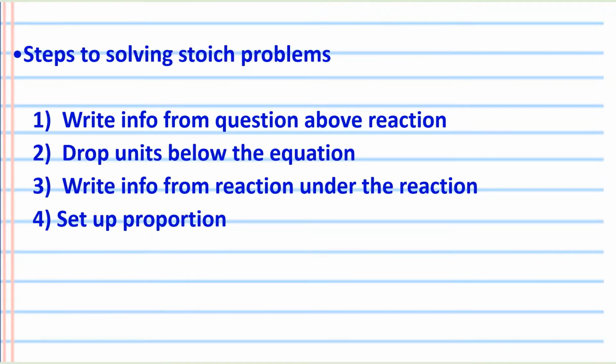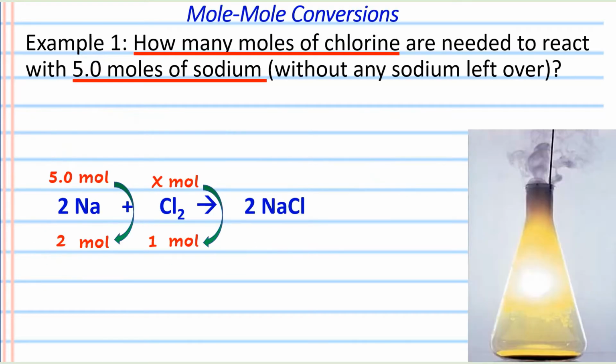So we dropped our units, and we took the information from the reaction and put it underneath the reaction. Step 4 is to set up a proportion, and then we're going to cross multiply to solve. Going back to our reaction, the proportion is kind of set up for us already. We have numbers above the items in the reaction, and we have numbers below. Those are going to become our numerators and our denominators in our proportion.